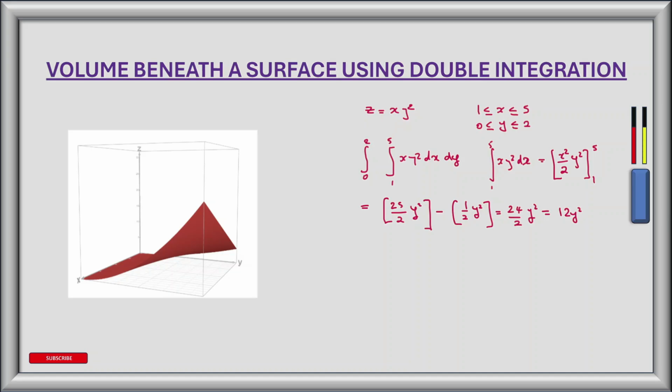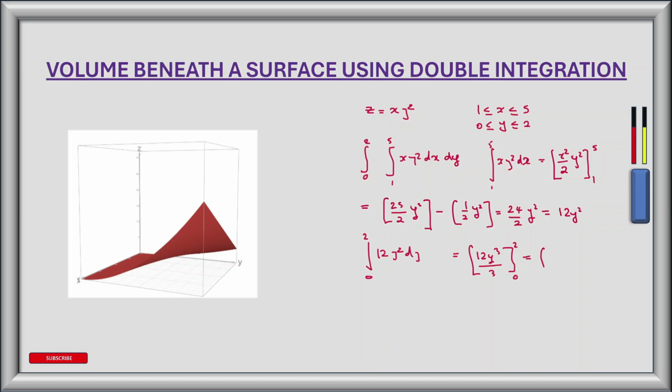So this will give us a slice of area under the curve for any value of y. So now we want to integrate in the y direction from 0 to 2 of 12y squared dy. So this will allow us to add up the slices of volume in the y direction and eventually give us the volume under the surface. So if we integrate this, it gives us 12y cubed divided by 3. And we want that between y is equal to 0 and y is equal to 2.